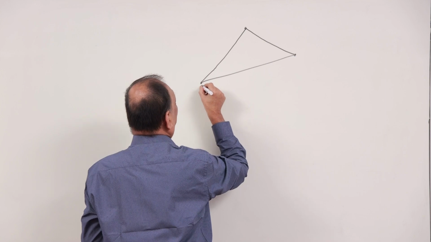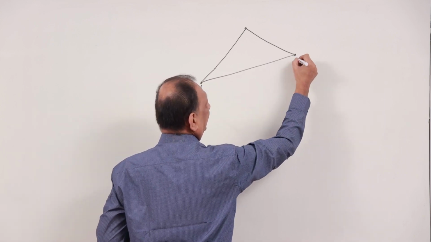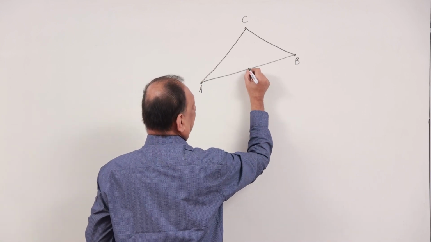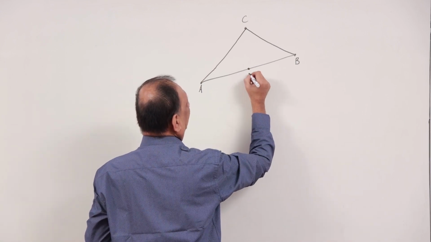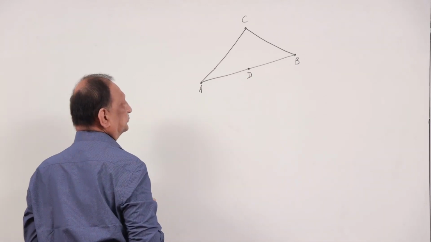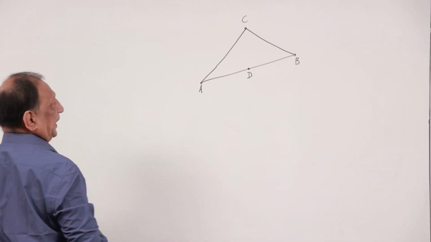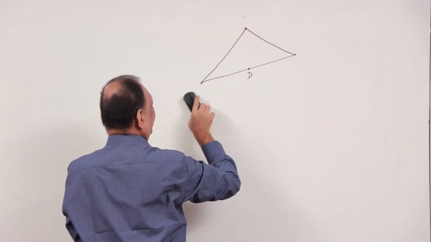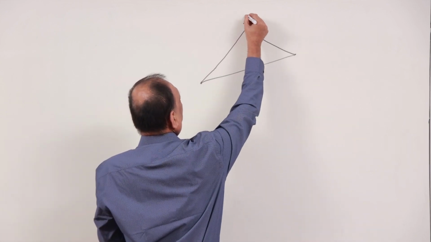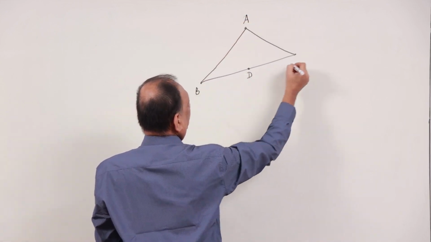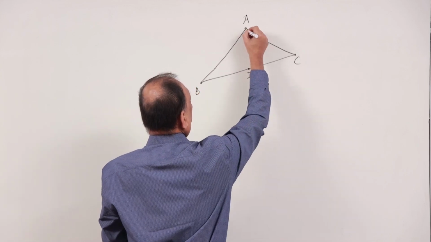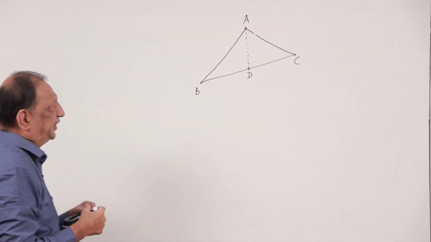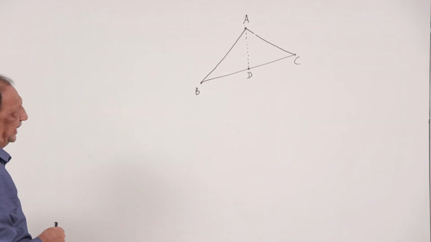And if you look at one median, A, B, C, let's assume these are the vertices, has got a center point. I will call it D. I should have really called A as the top vertex, the standard notation. I've just shown the median. I'm not actually drawing a solid line for it.